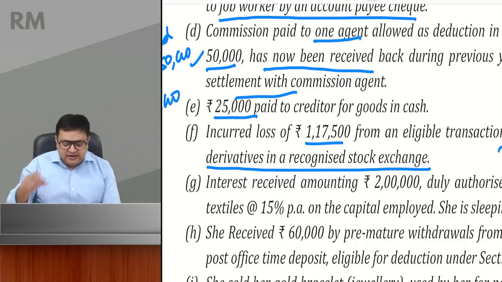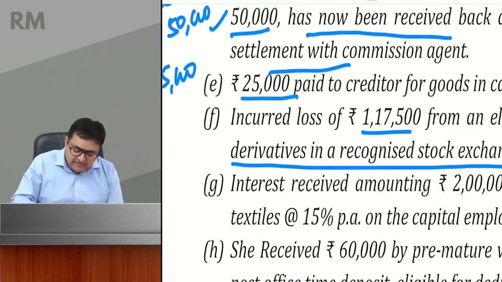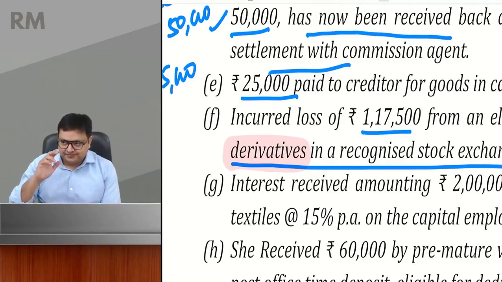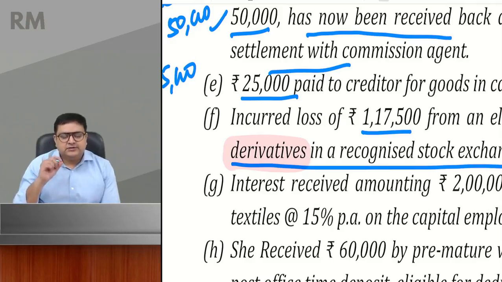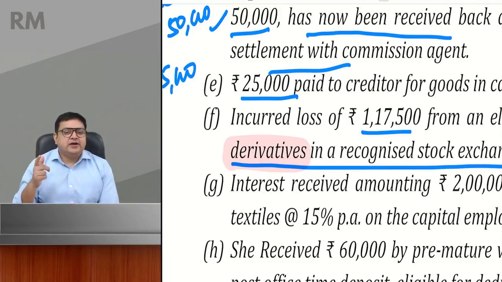But they have specifically mentioned that if it is trading of derivatives, derivatives is future and option, I am not explaining it entirely. Just right now, just remember this. When you do intraday trading, that is speculative.